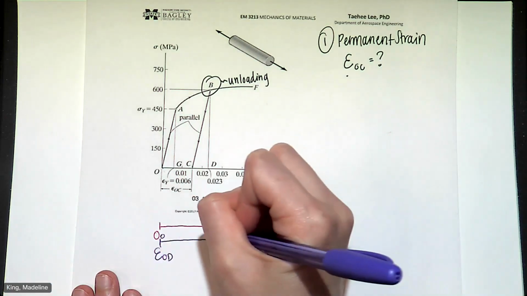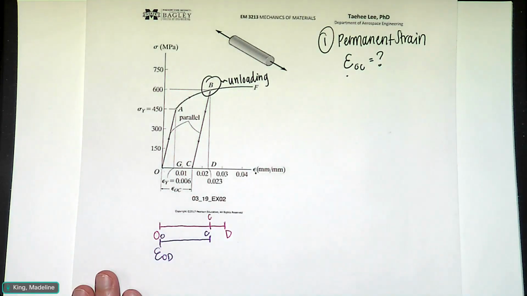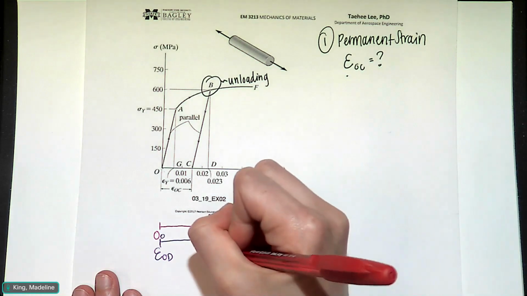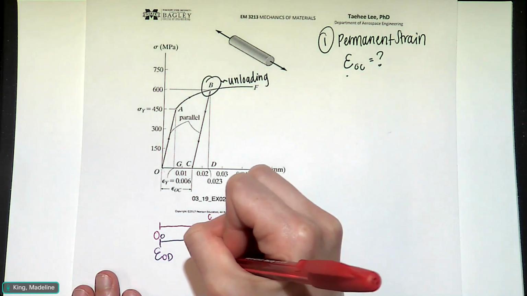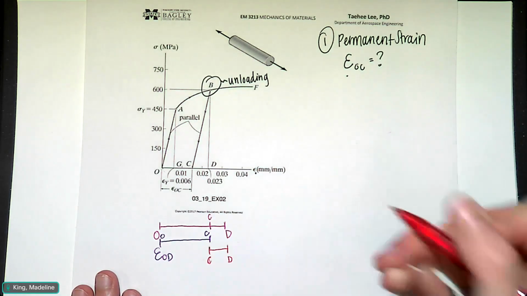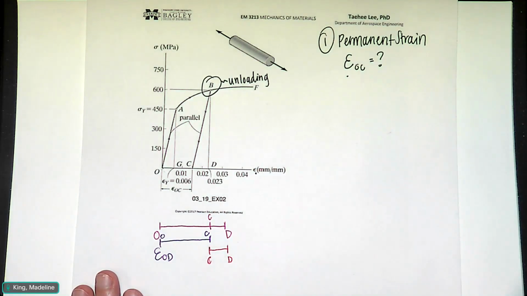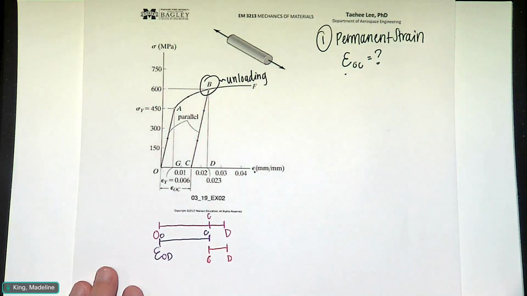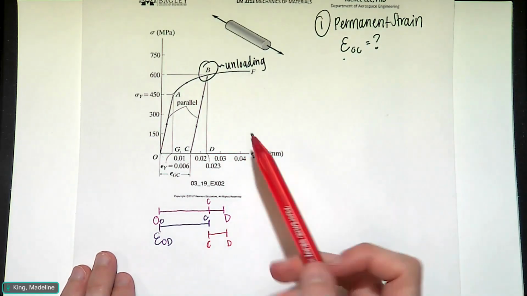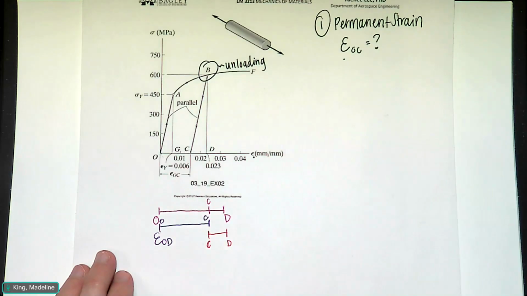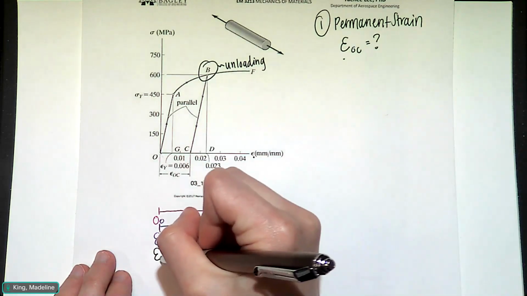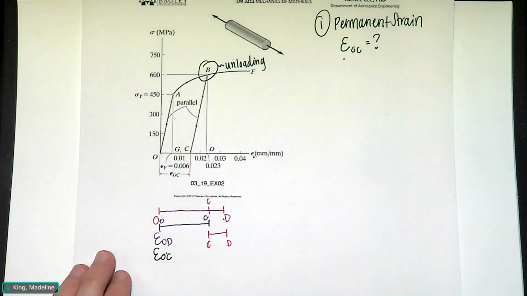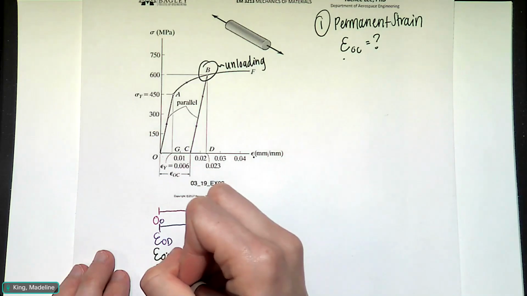So this is point O, point C. And then we also have point C and point D. I'm just doing this so you guys can see it visually a little easier instead of just looking at the graph and trying to figure it out. So we know we have epsilon OD, we have epsilon OC, which is what we're trying to find, and we have epsilon CD.